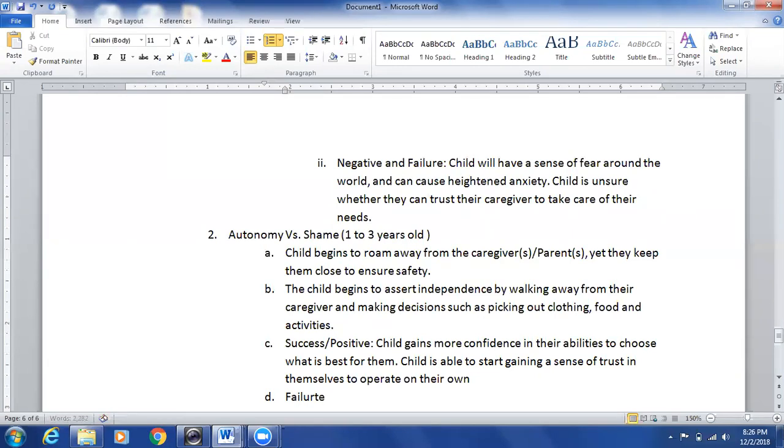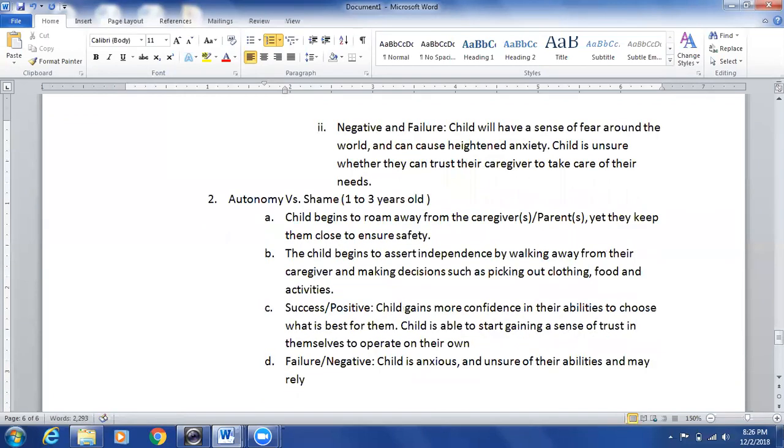And then failure or negative is where the child is anxious and unsure of their abilities and may rely on others for reassurance around what they can do.